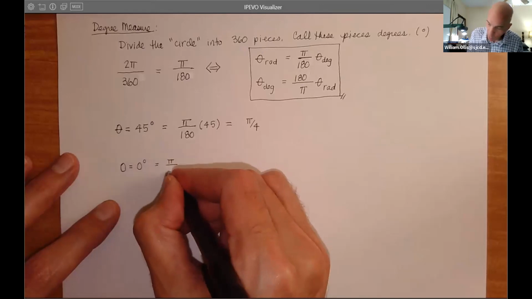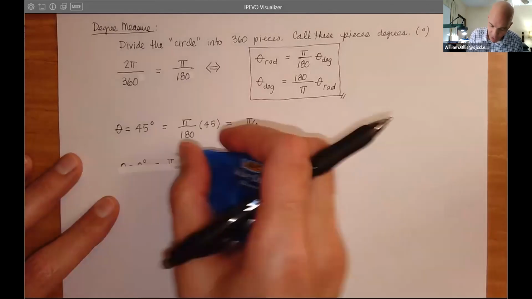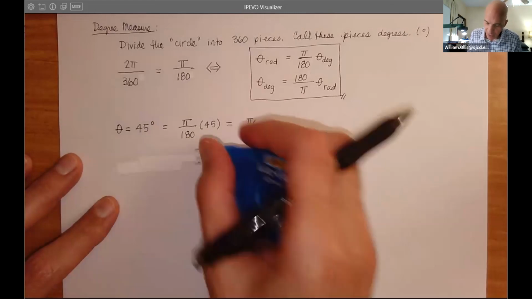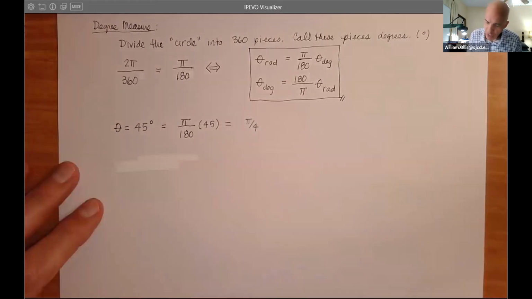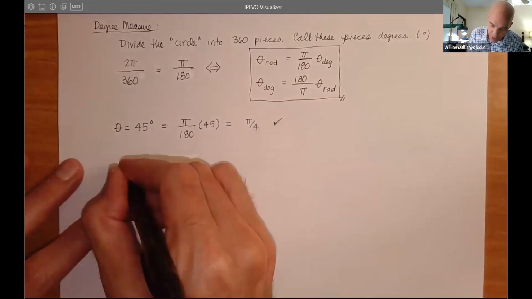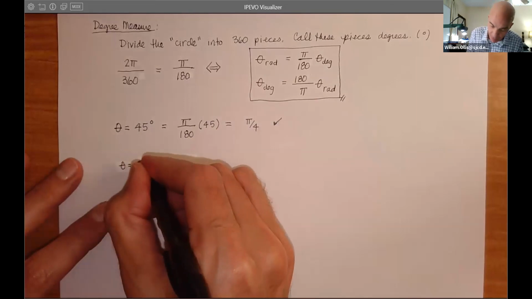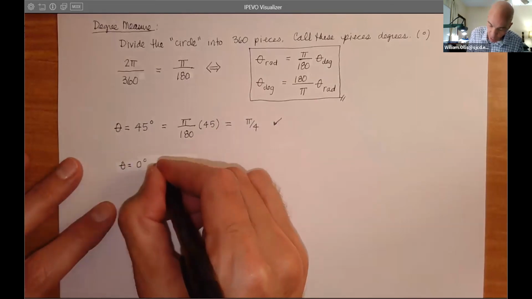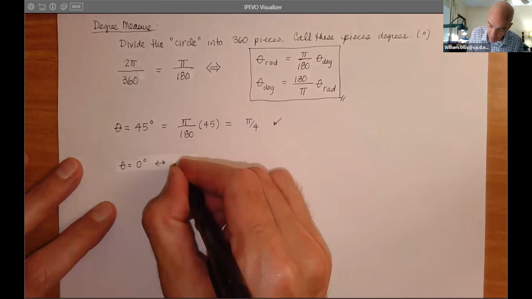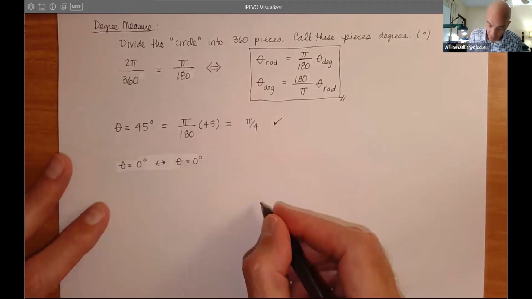Sorry, we need to do this backwards. You're thinking we've got the radian measure. So this was cheating, but I knew what I was doing. Here we'll say theta equals 0 radians. This will correspond to theta equals 0 degrees, obviously, not going anywhere.